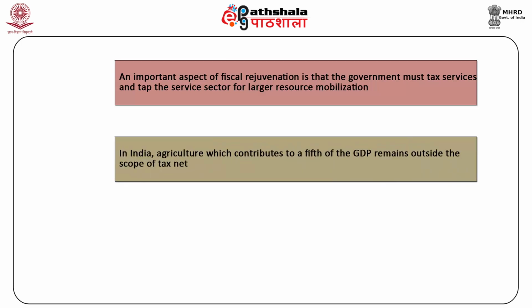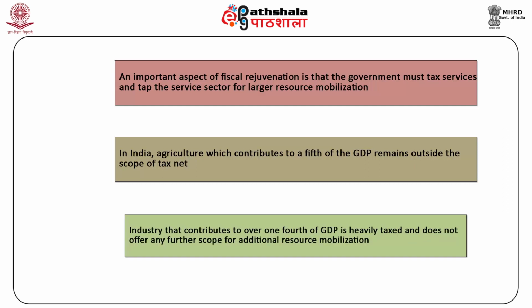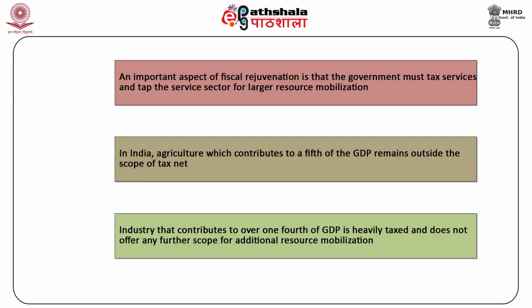In India, agriculture, which contributes to a fifth of the GDP, remains outside the scope of the tax net. Industry, that contributes to over one fourth of GDP, is heavily taxed and does not offer any further scope for additional resource mobilization.